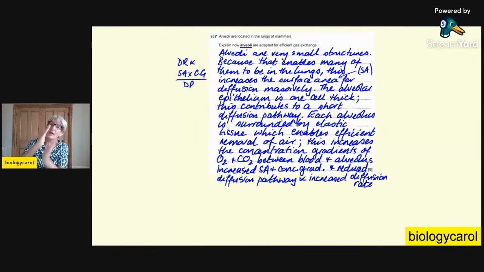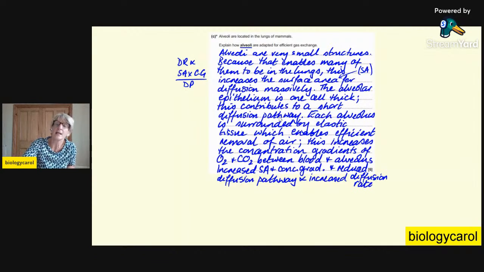So both epithelia are 1 cell thick. Called the alveolus epithelium. The correct name for the capillary epithelium is the endothelium. Sorry. So it contributes to a short diffusion pathway.